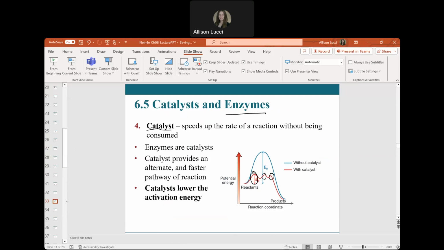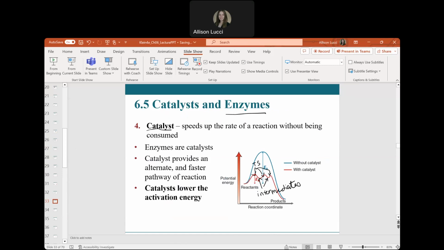So we can see that this is a single transition state process in blue without the catalyst, and then the red curve shows us multiple transition states, right? 1, 2, 3 transition states. And then we also have multiple intermediates.